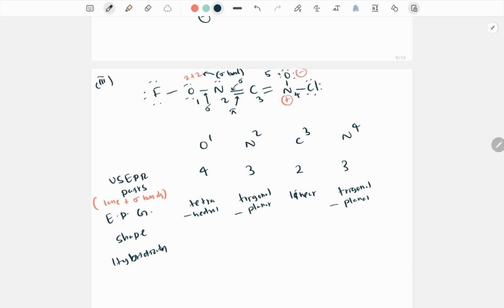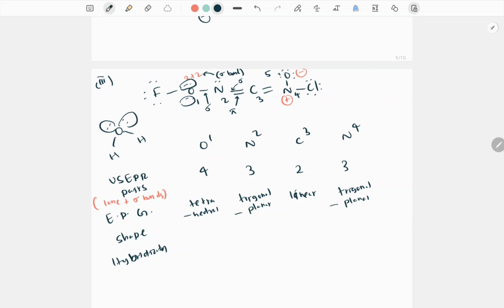Shape: when considering shape, we need to consider sigma bonds and lone pairs. What's the shape when 2 lone pairs and 2 sigmas are present? Recall the shape of the H2O water molecule. Here there are 2 lone pairs and 2 sigmas around oxygen.